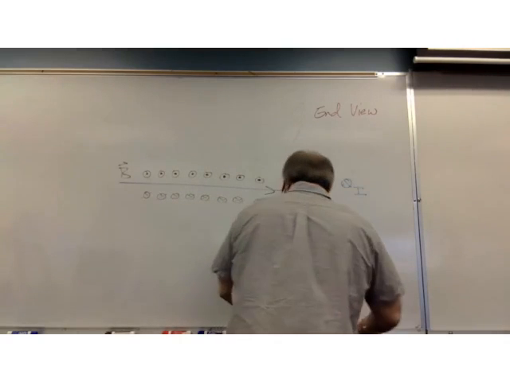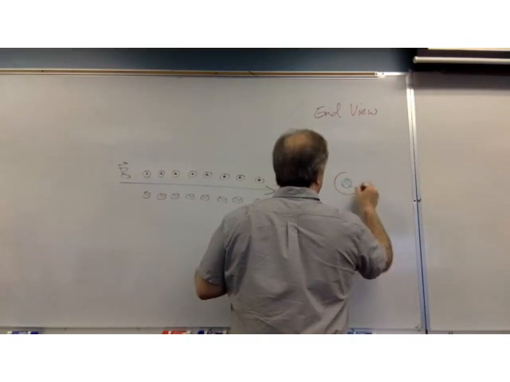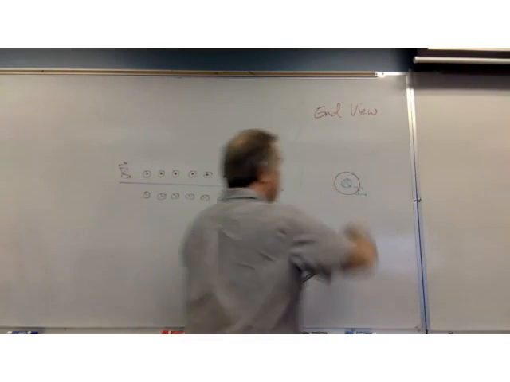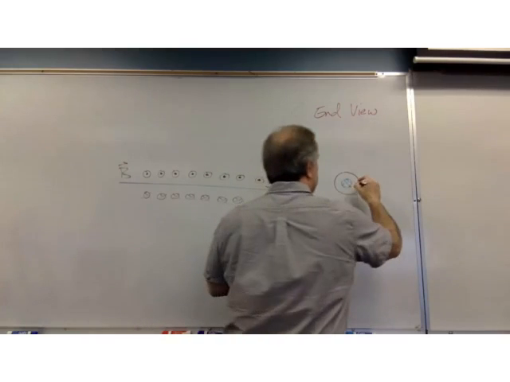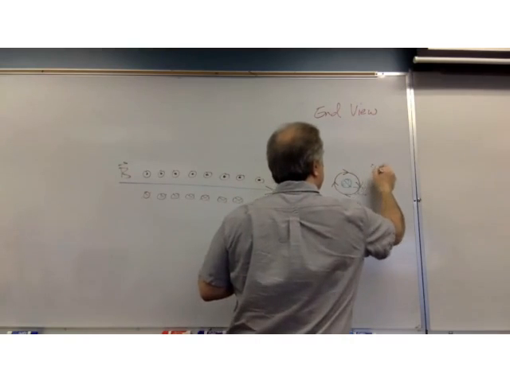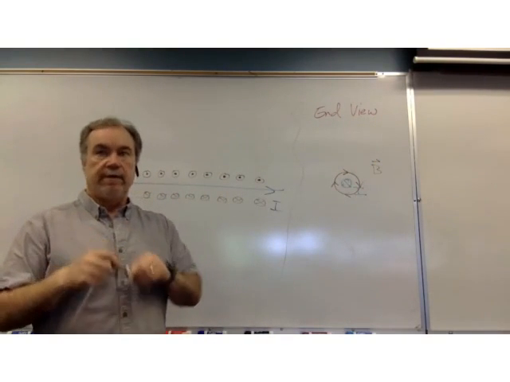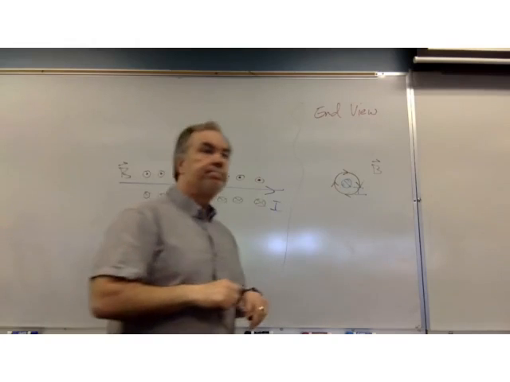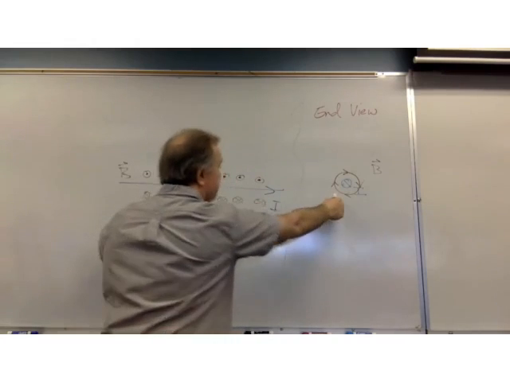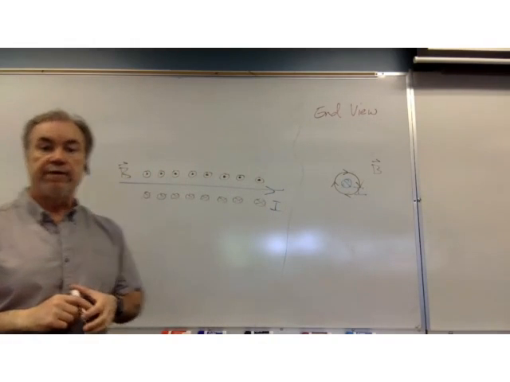Okay, so my current is flowing that way, and so my magnetic field vector is a closed circle, and it points like that. Okay. So these two are exactly the same drawing.